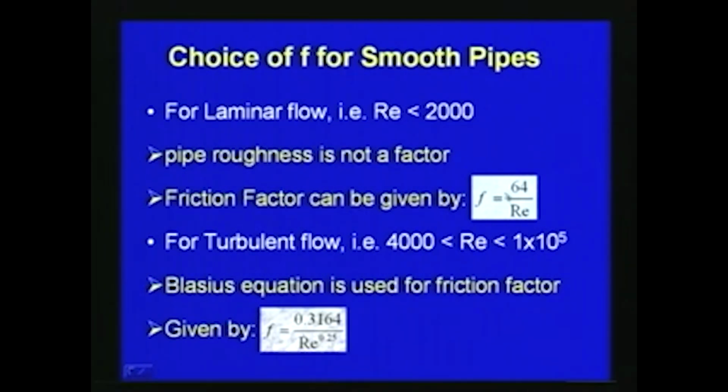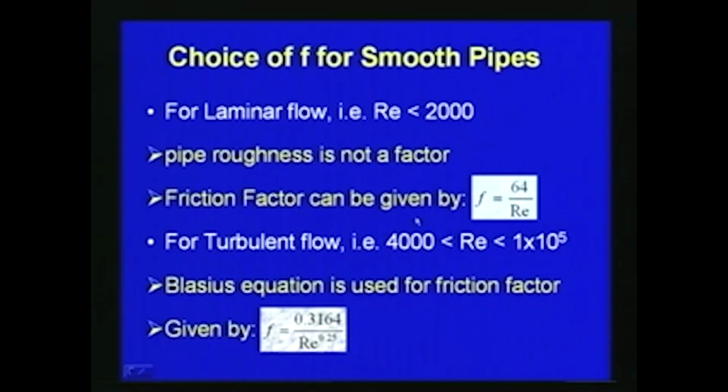So, we can directly calculate the friction factor: F is equal to 64 by Reynolds number. And for turbulent flow, in the Reynolds number range between 4000 and 10 to the power 5, Blasius calculated the friction factor as F equal to 0.3164 divided by Re to the power 0.25.